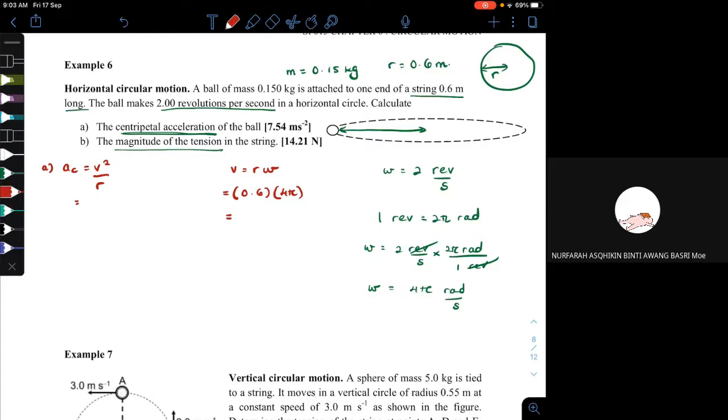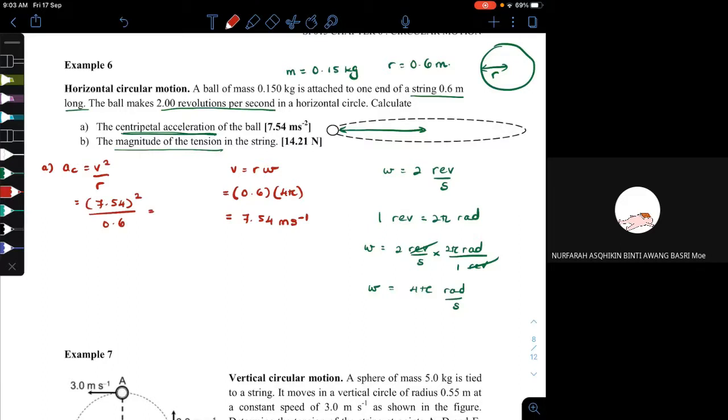Let's press the calculator. You get 7.54 m s^-1. Then put 7.54 squared over 0.6.